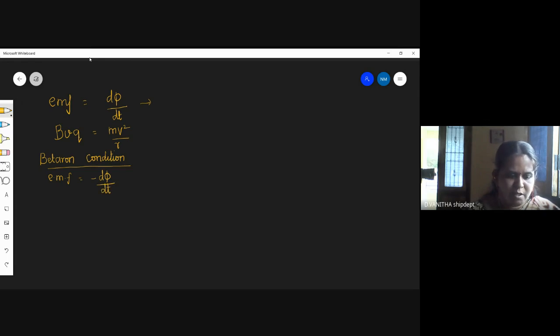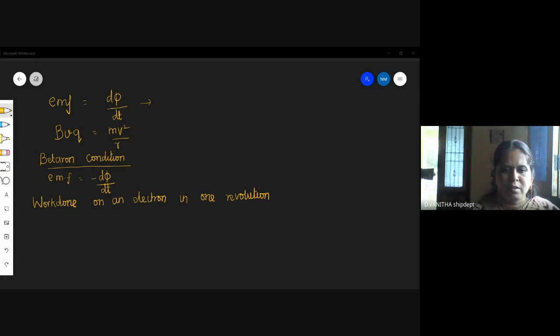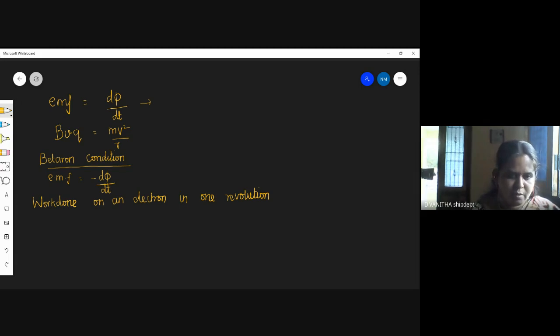Then the work done on an electron in one revolution is given by work done is equal to EMF into charge of electron.